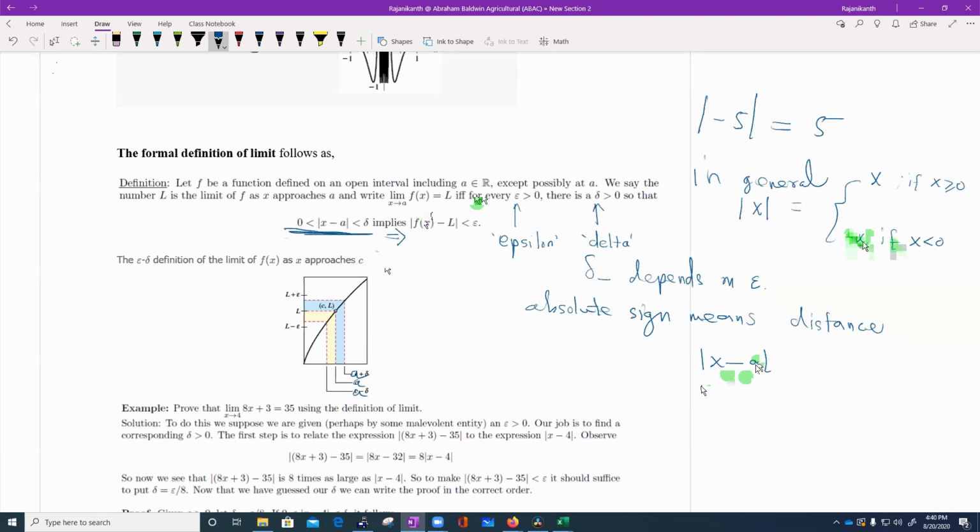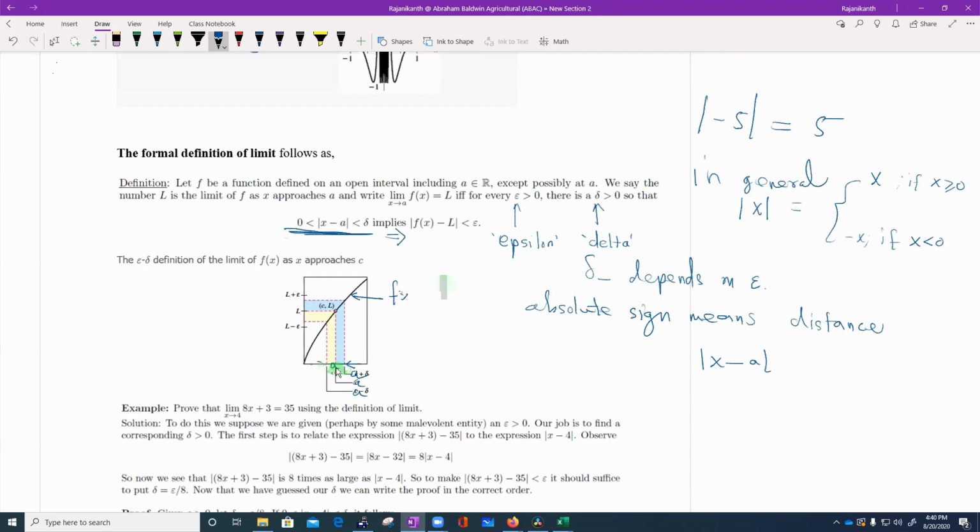What I'm trying to say is, geometrically, look at the picture here. This is the graph of your function f(x). If you want to find the limit of the function when x approaches a, you are looking at two different directions.